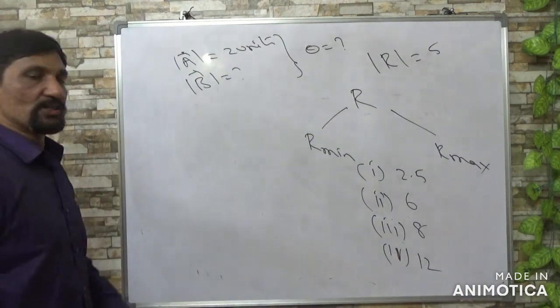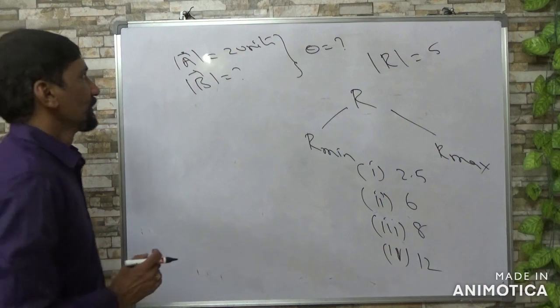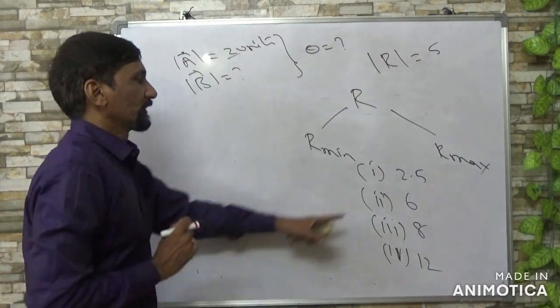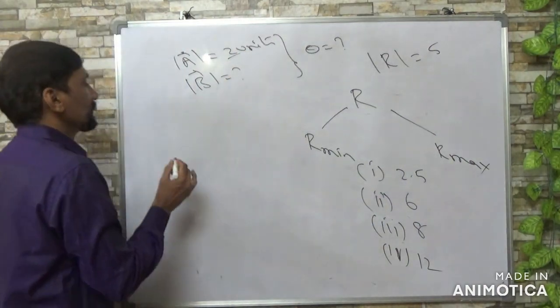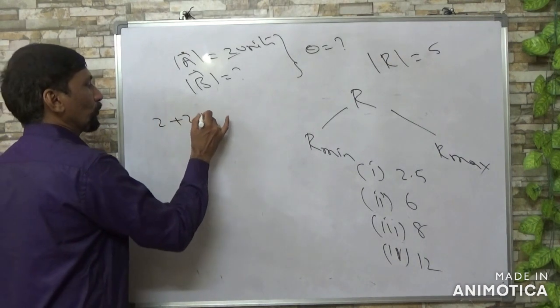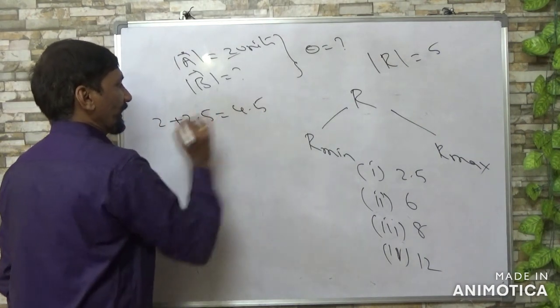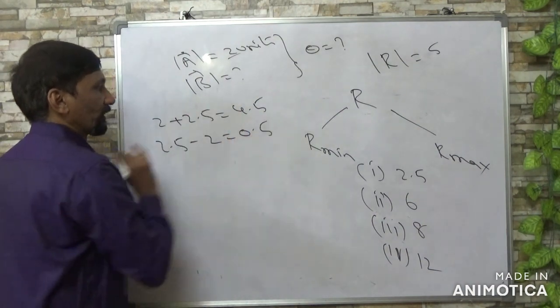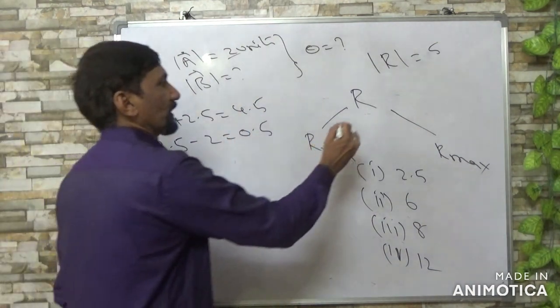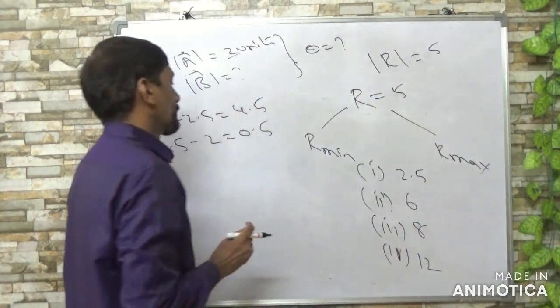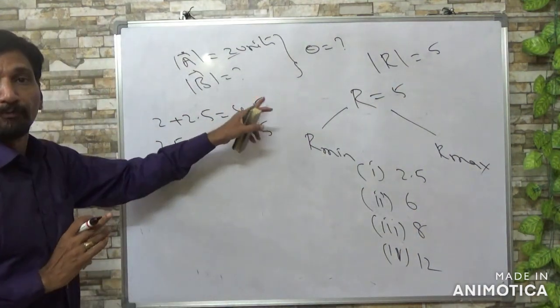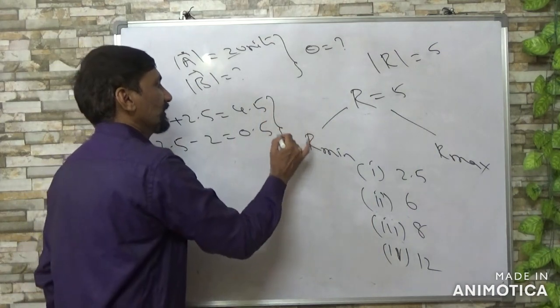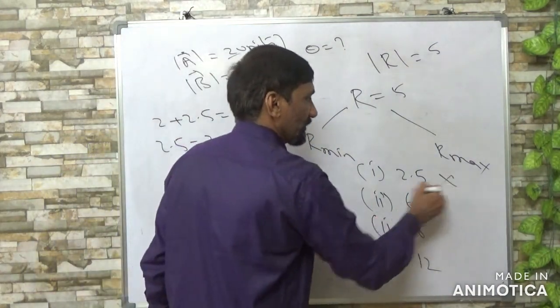Now let us assume the first one is your answer. 2 plus 2.5 is 4.5, and 2.5 minus 2 is 0.5. The resultant is actually 5, so 5 is not in between 4.5 and 0.5. That means the first option is not correct.